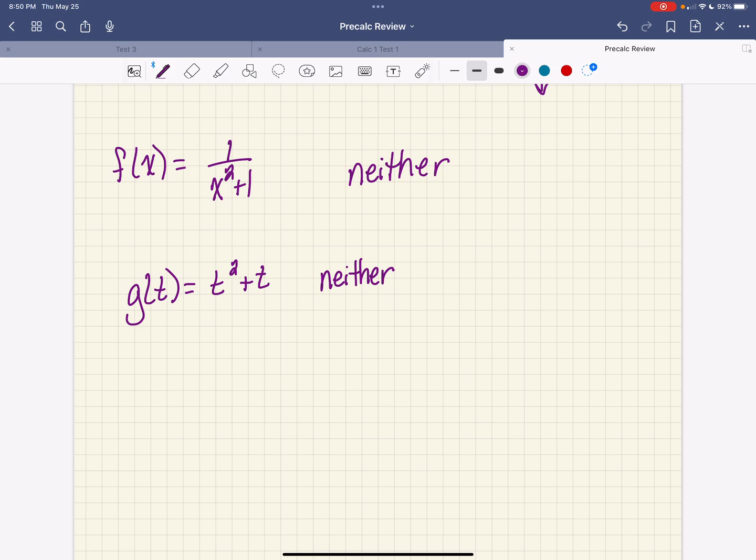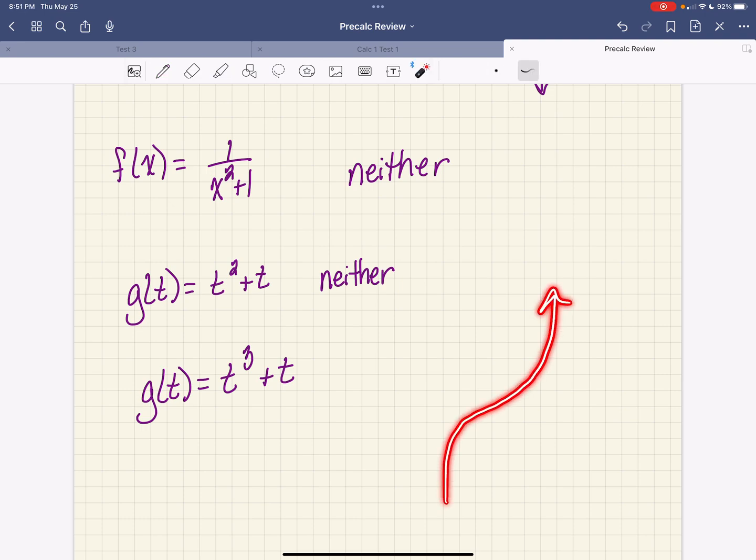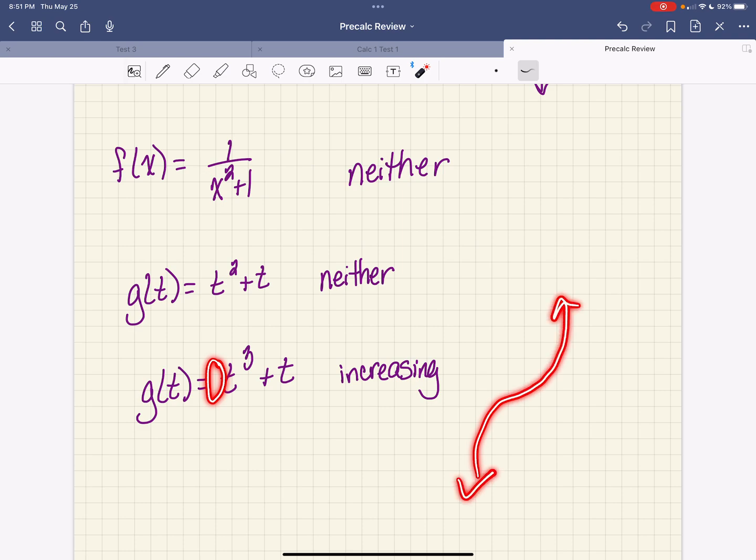Okay, and then the last one we're going to look at is a cubic function, and it's g of t equals t to the third plus t. Now, if you remember the behavior of a cubic function, it looks like this right here. That's the behavior of a cubic function. So this is going to be increasing across the entire domain. Okay, and that's because this has a positive value in front of it, and the behavior of a cubic function looks like that.